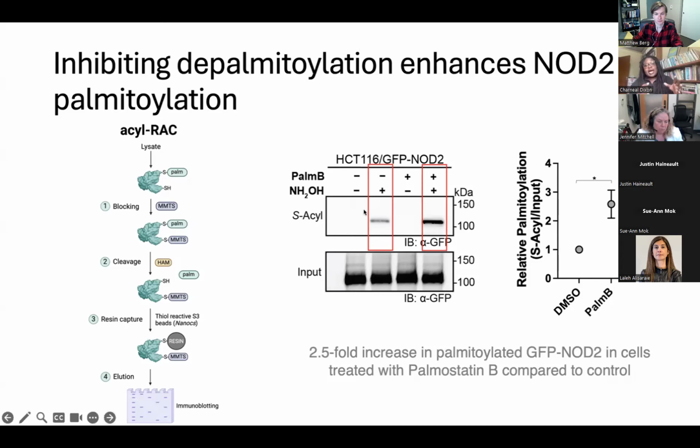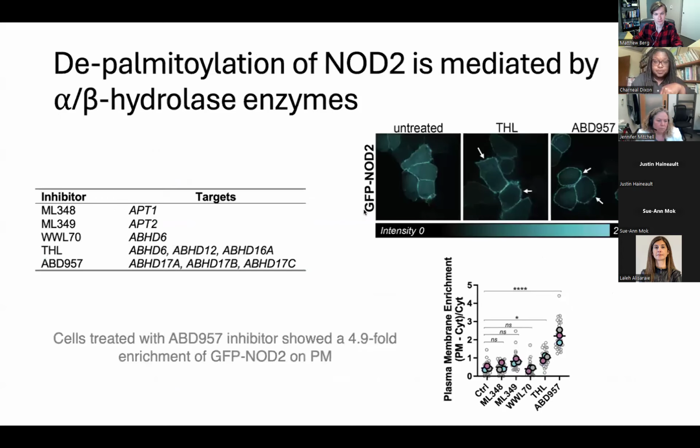So when we combine the confocal images that I showed you and the results of our acyl resin-assisted capture, it suggests that protein palmitoylation of NOD2 is reversible, and that these cells contain a protein that is sensitive to palmostatin B that's mediating the enzymatic removal of palmitate from NOD2.